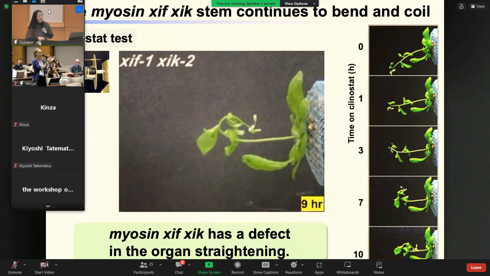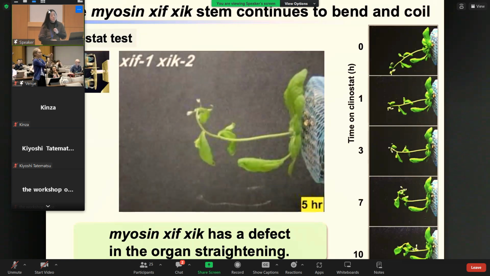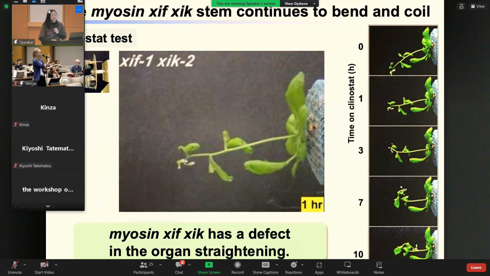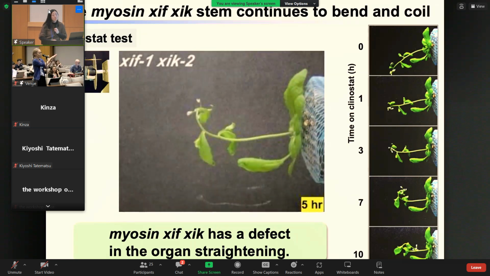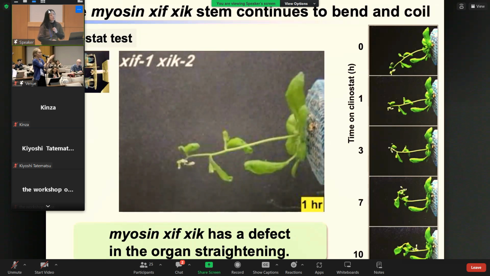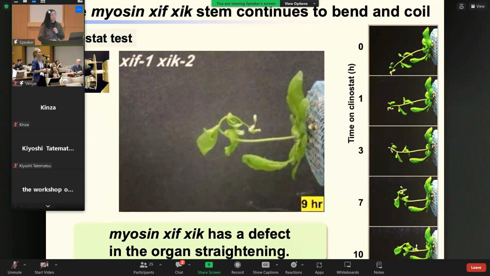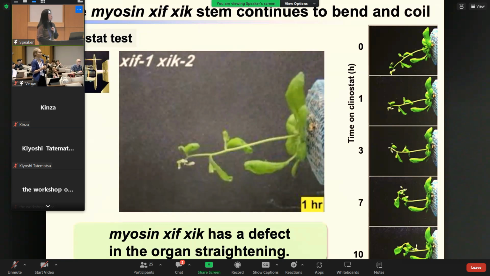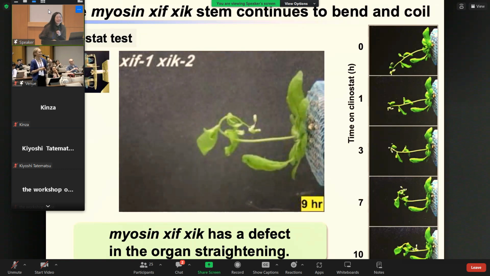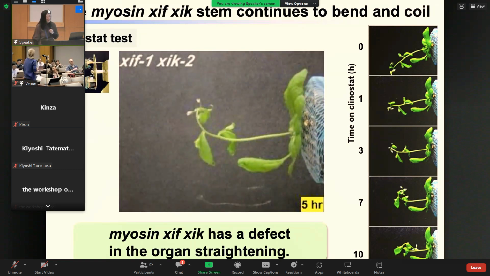When you had the slide on mechanical properties, it was clear that it's not just the stem, but also the leaves kept moving towards the stem. So did you follow it later on when you tried to figure out which tissues or which cell files are responsible? I'm sorry. Okay, we can discuss later.